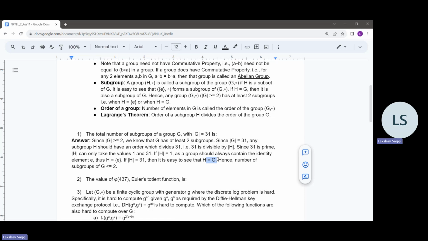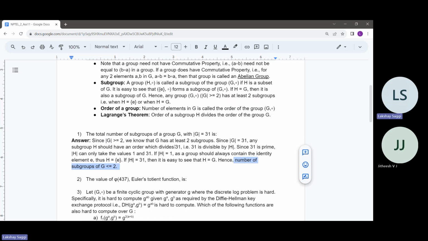But we also know that G has at least two subgroups because the size of G is greater than or equal to 2. First we showed that it has at least 2, then we showed that it has at most 2.